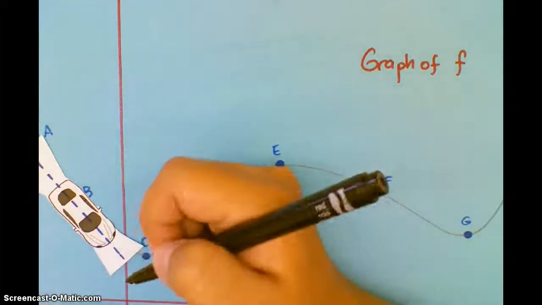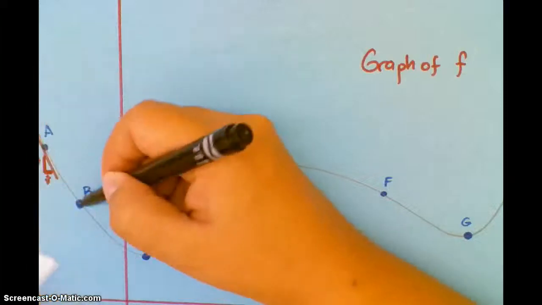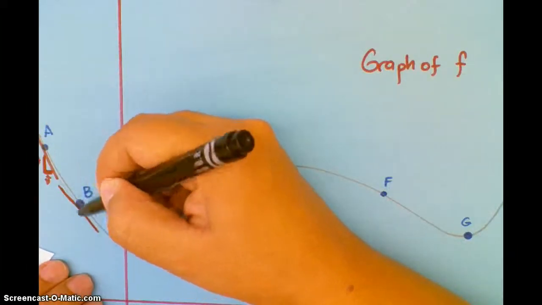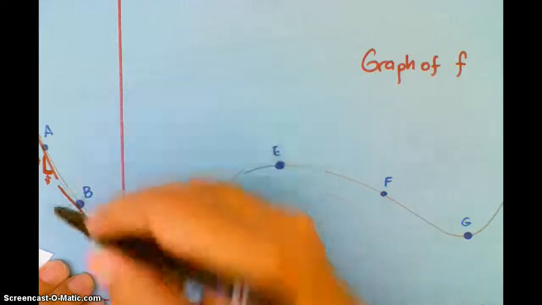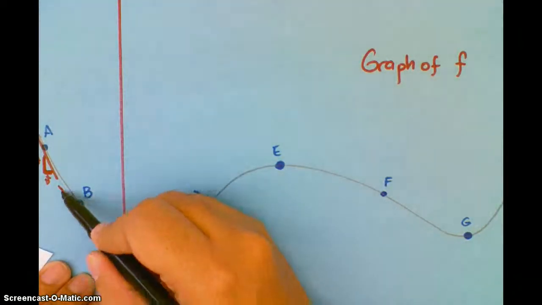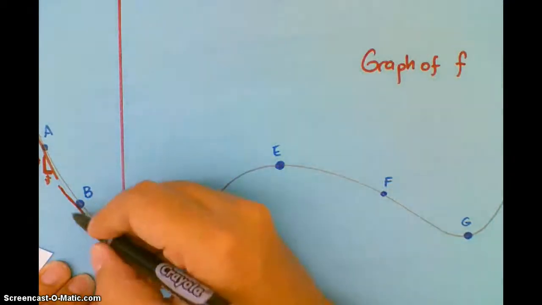Point B is right there. The lights will go through this path, so my tangent line will look something like this. I'm exaggerating it and going a bit out of the point, but you get the idea. The tangent line will be inclined like this line.